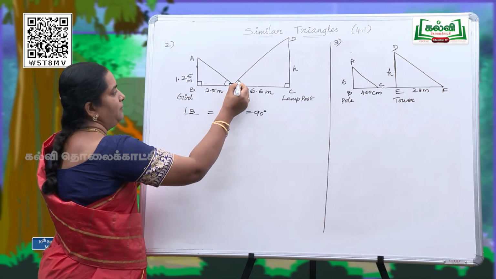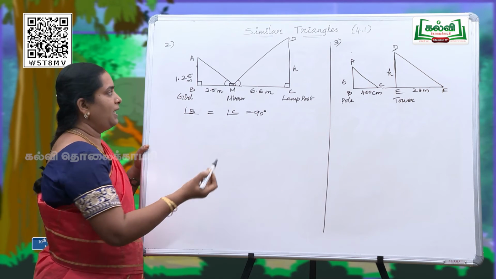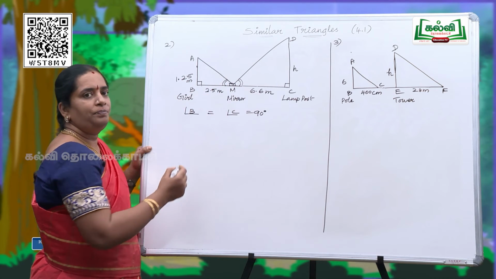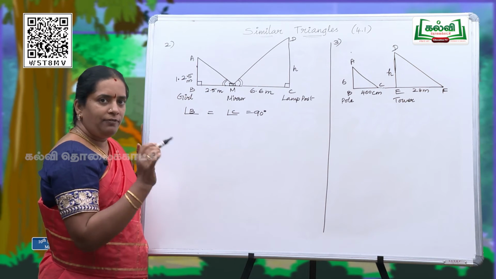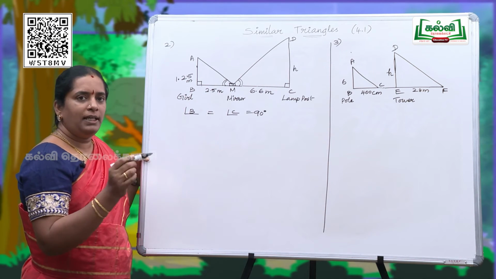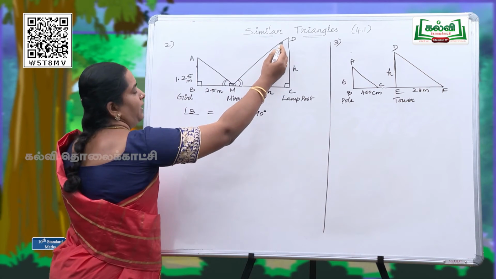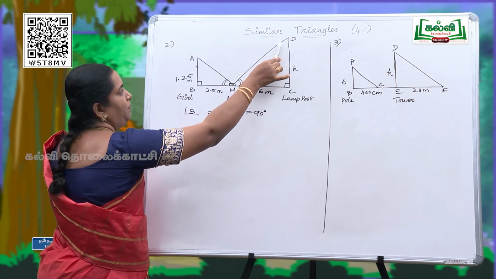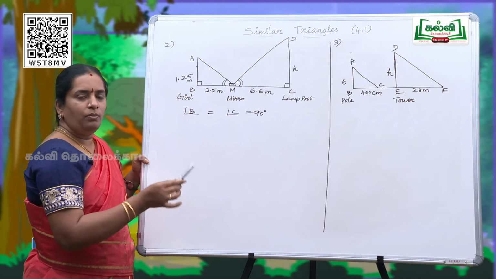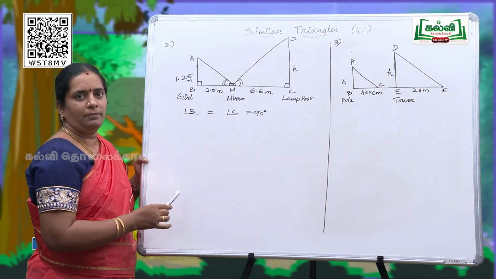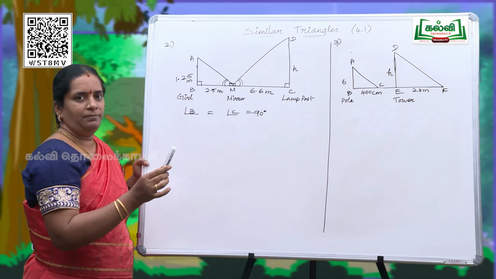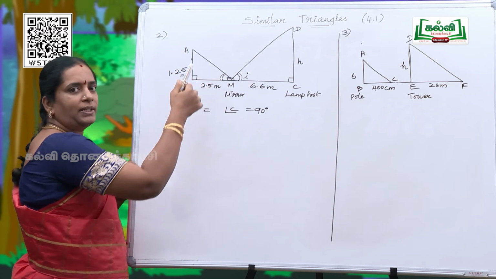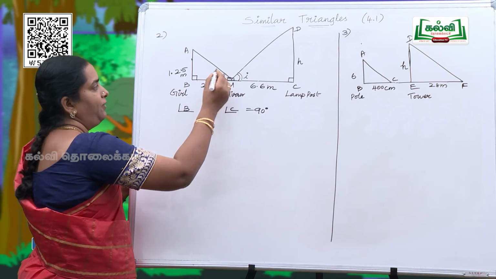See this angle. In science, in physics, in the light lesson, we have learnt that the angle of reflection is equal to the incident angle. So the angle made by the incident ray with the plane mirror is the incident angle I, and this is the angle made by the reflected ray, that is R, the reflected angle.